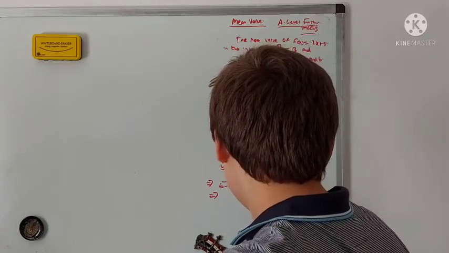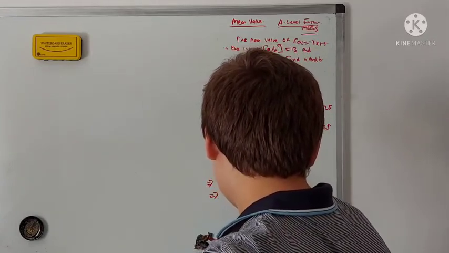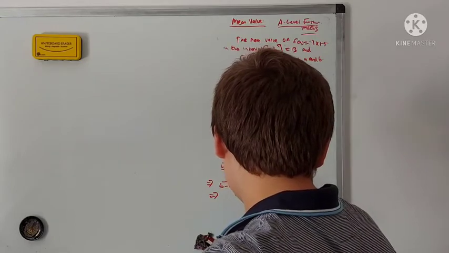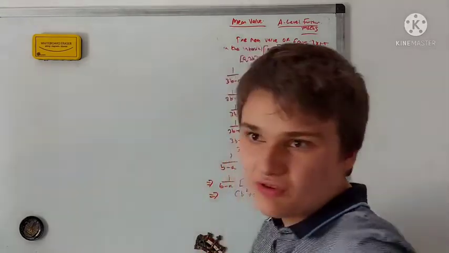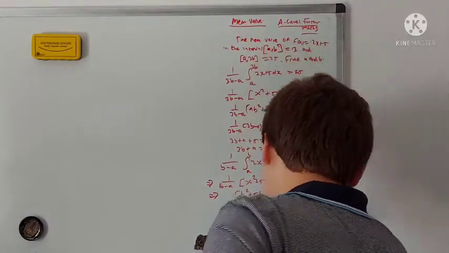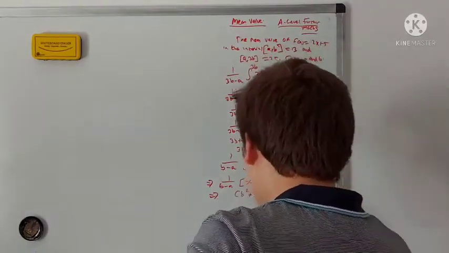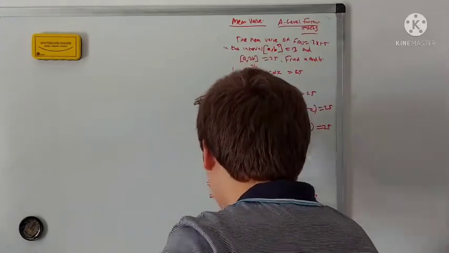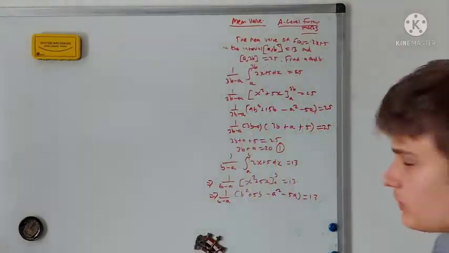Then I get, substituting in the b first, b squared plus 5b, minus a squared minus 5a is 13. Don't forget I need to carry that 1 over b minus a, because it's the mean value that we want here.